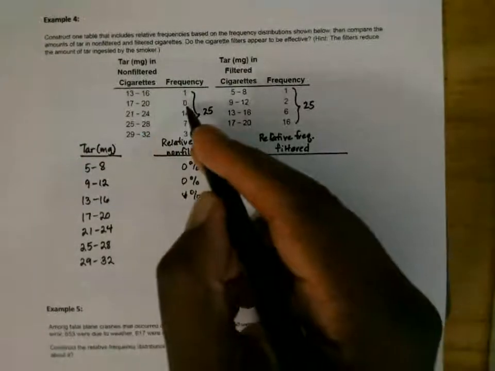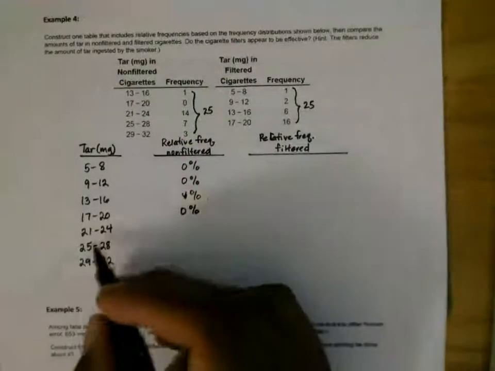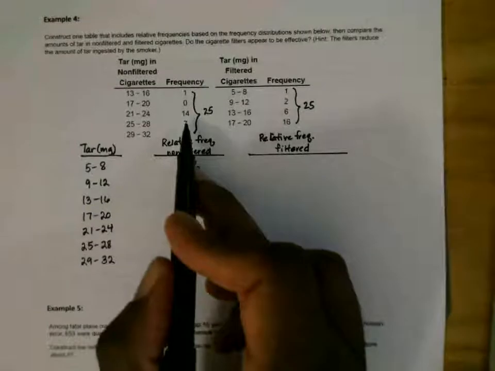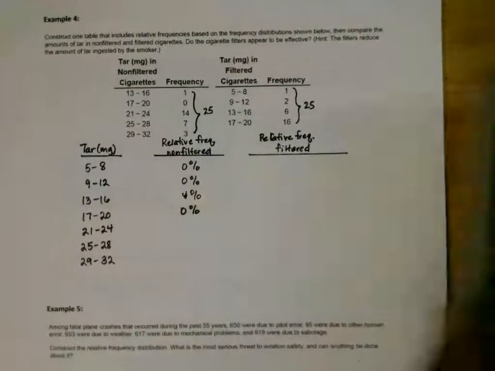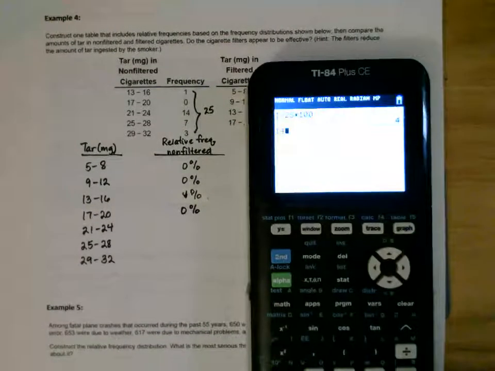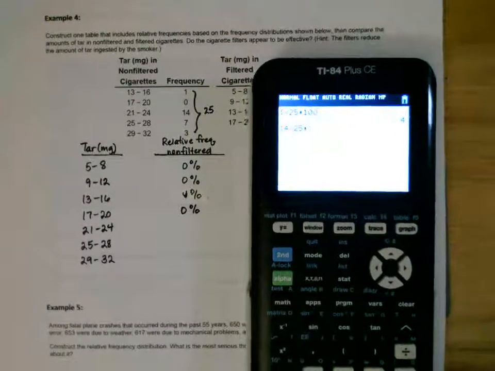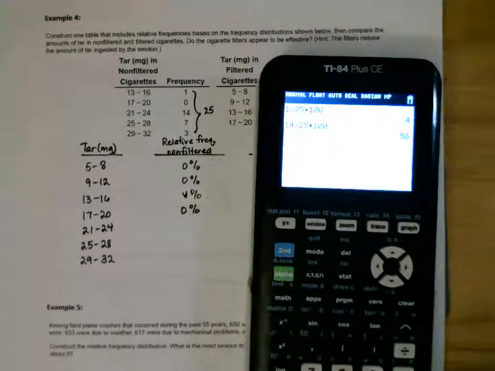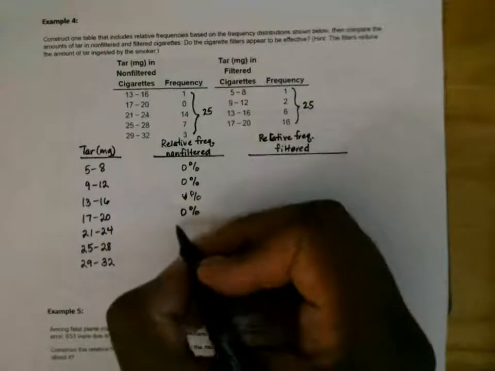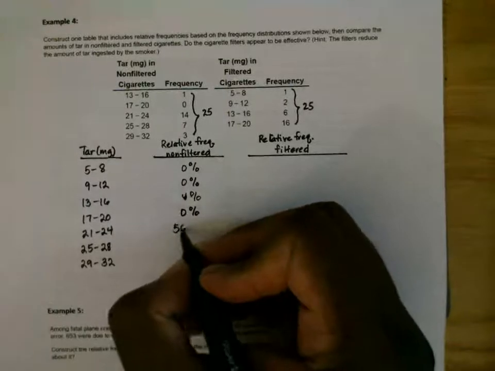Now for 17 to 20, that frequency is 0. So that's automatically going to be 0% here. For 21 to 24, that's 14. So here, I'm going to do 14 divided by 25 times 100. And that would give me 56%. So for 21 to 24, 56%.